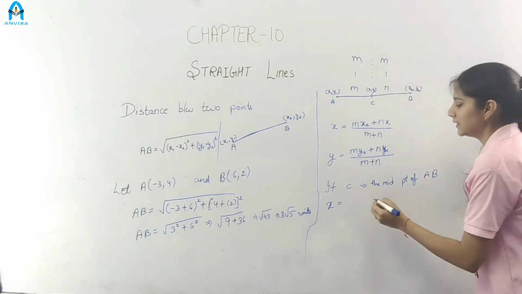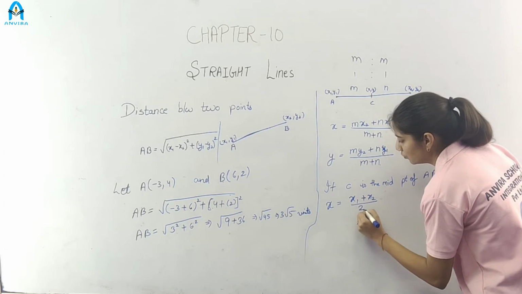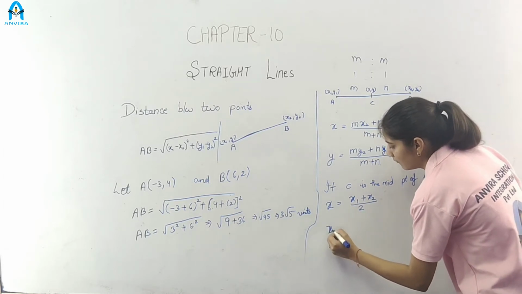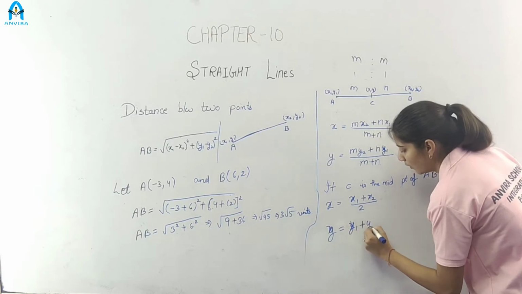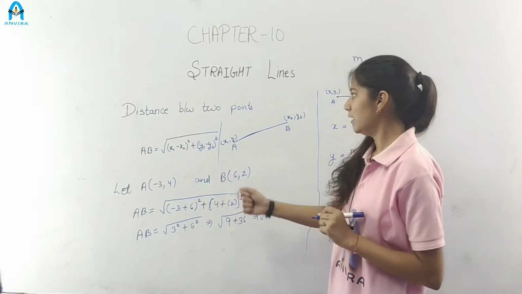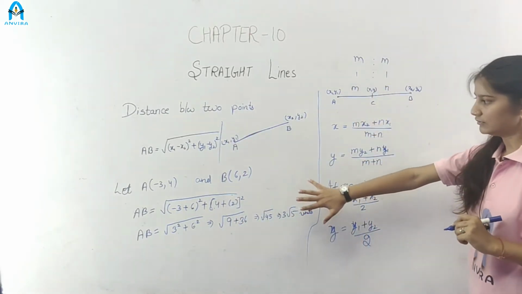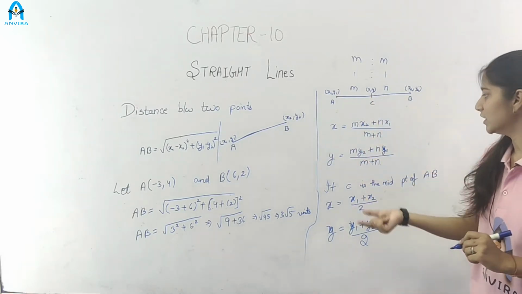So I can write x as (x1 plus x2) by 2, and the y coordinate is given by (y1 plus y2) by 2. So here the distance between 2 points we can find by this formula, and the section formula.